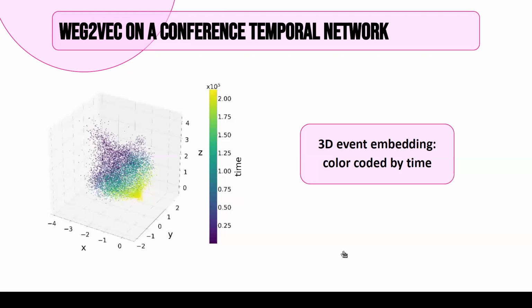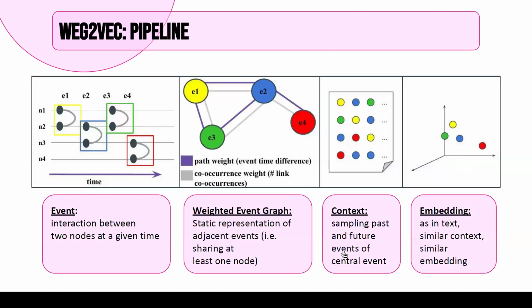Okay, so maybe I was too in a hurry in explaining that. Basically, the time included in this weighted event graph is not explicit, because the weight of the static event graph representation is the difference in time between two events. So you don't have the direct time at which events occur.